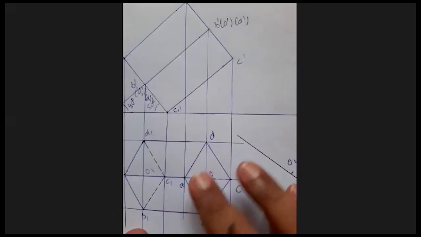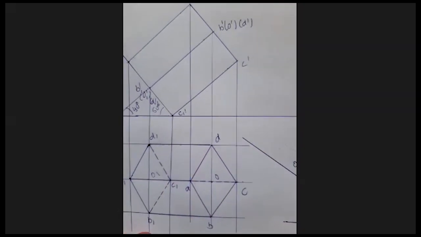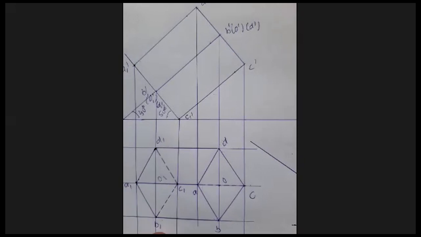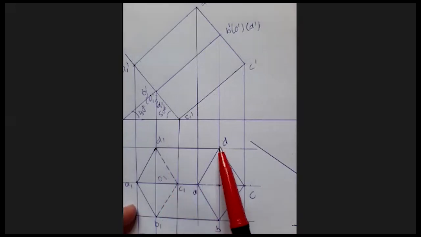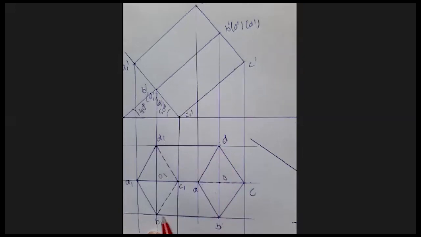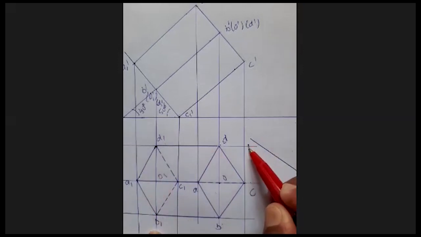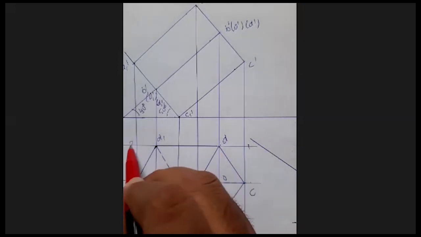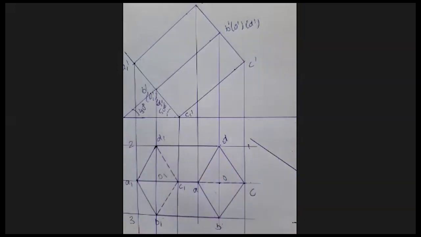I'm just going to tilt this whole thing here, for which I'm going to place a rectangle, that is a rectangle starting from D, D1, B, B1. This rectangle I'm going to place it here, or else you can place this rectangle which is 1, 2, 3 and 4. Whichever you feel easy, you can place it.